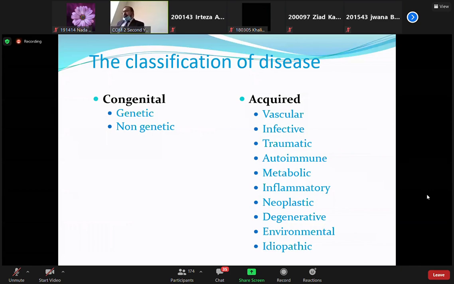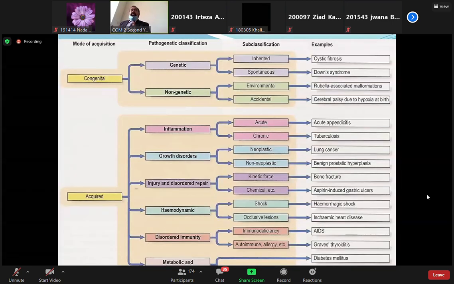Acquired has a big list. Is it vascular, infective, traumatic, autoimmune, metabolic, inflammatory, neoplastic, degenerative, environmental, idiopathic, whatever? You have to sort out which disease we are talking about. This is a chart which shows the main two groups, congenital and acquired. In congenital, the genetic kind means familial, which is inherited, like cystic fibrosis, or spontaneous, like Down syndrome.